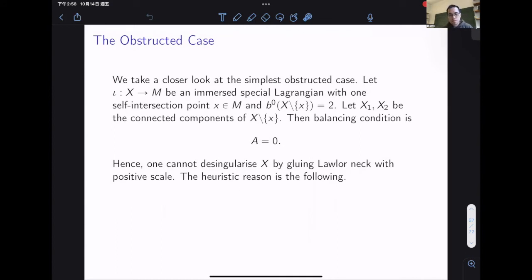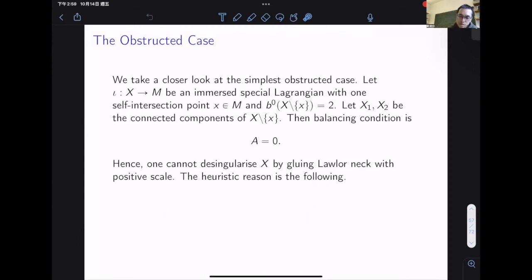Okay, so let me briefly describe the idea of this balancing condition. We take a closer look at the simplest obstructed case.